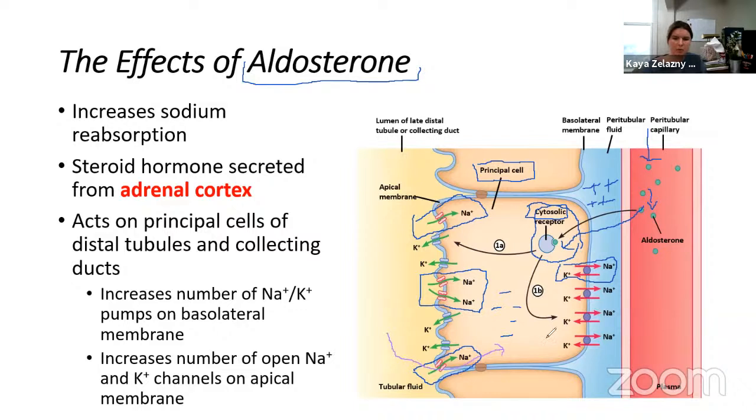And then we are going to have lots of pumping into this peritubular fluid, creating a really high concentration of sodium in the peritubular fluid, which ultimately means, right, we also have a big gradient across this membrane of the peritubular capillary. So between the peritubular fluid and the peritubular capillary, there's going to be a big difference in sodium. So sodium is also going to get reabsorbed into the plasma on this opposite side. So this is going to happen faster. It's going to happen more, right? We're increasing the sodium reabsorption.